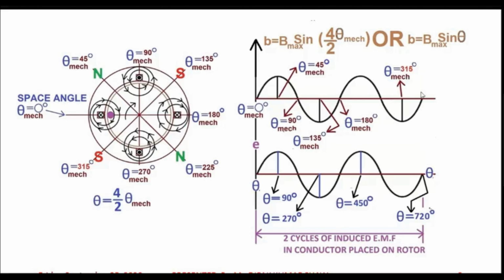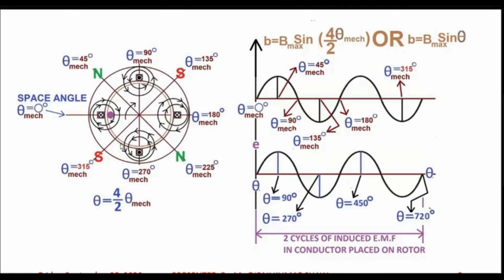For the 360 degree movement, you start from this point at theta mechanical equal to 0 degree, you move on, and you again return to the same position.